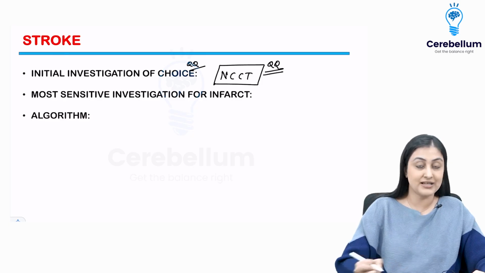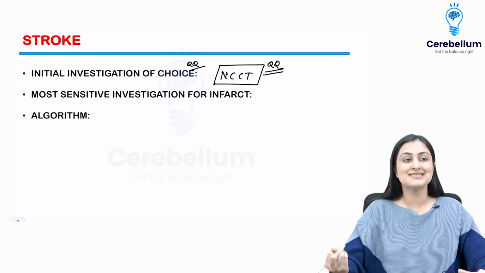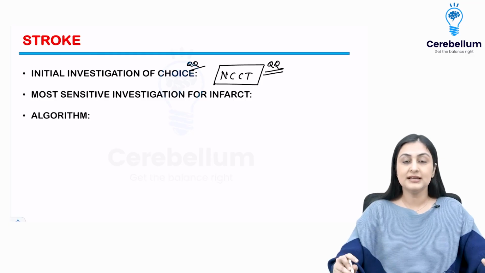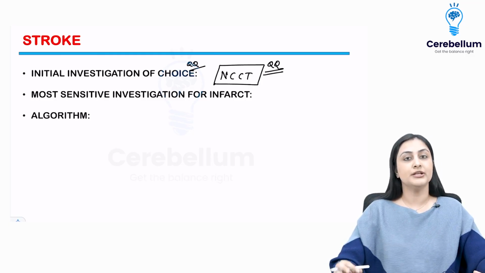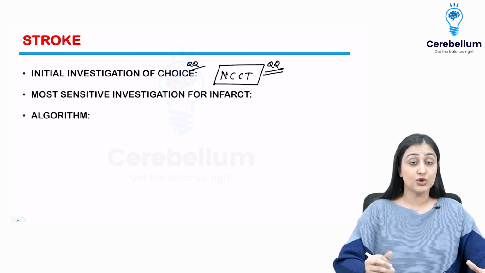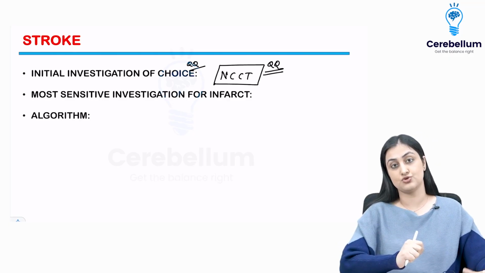Just like we saw with head trauma, NCCT is the first thing we will do, and again the same rationale is to pick up acute hemorrhage. There's nothing better than CT, nothing quicker than CT to pick up an acute hemorrhage, alright. So that is why we are doing an NCCT, not to pick up the ischemic stroke but to rule out hemorrhagic stroke, okay.